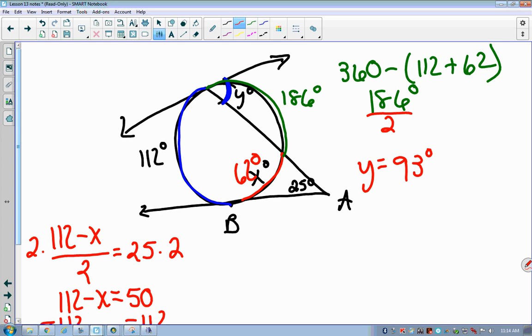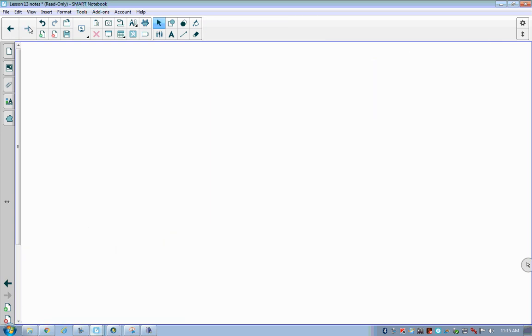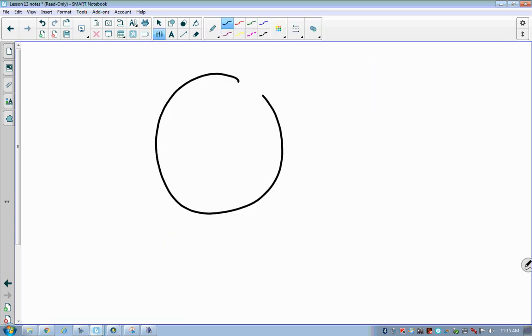Looks like I still have more questions on here. Most of the stuff at this point, though, is repeat. For instance, let's just go through it real quick and make sure you know how to do it. If I got something like this, actually, this is a little different. This isn't asking about angles.